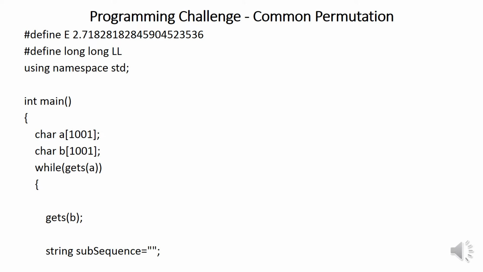When we get the input from the user, we write gets. So gets works like scanf, it takes the characters and stores them in the array A. Here we check the condition gets A in while. When we enter that while loop, we also take the second string B, and that is also taken by using gets B.